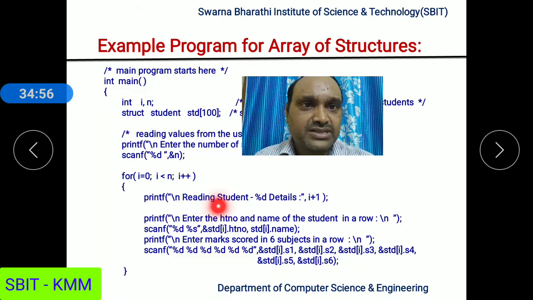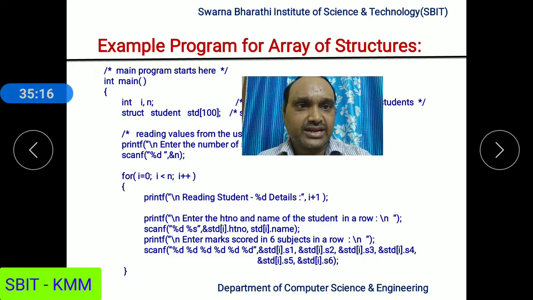Then it prints reading student 2 details, since i plus 1 is 1 plus 1, which is 2. On the screen you will see the message reading student 2 details, meaning you are asking the user to enter the second student's hall ticket number, name and marks.